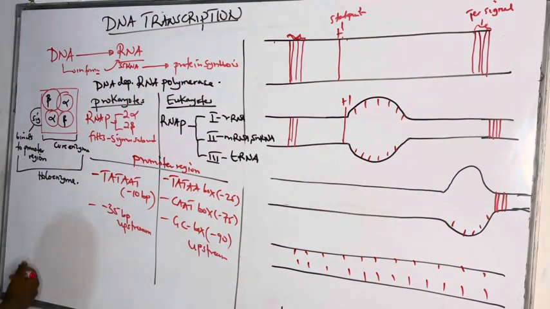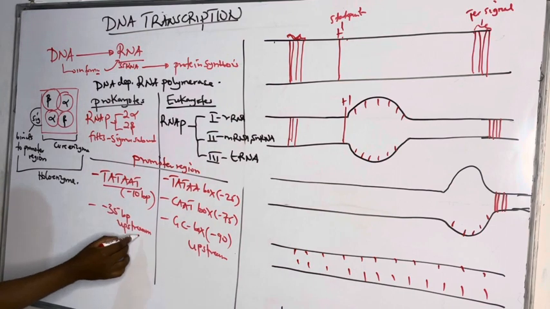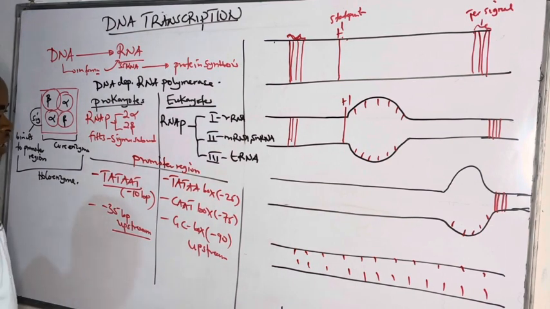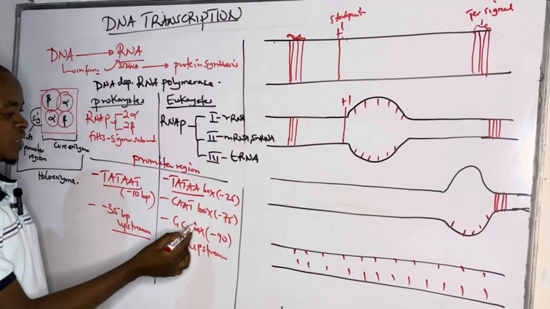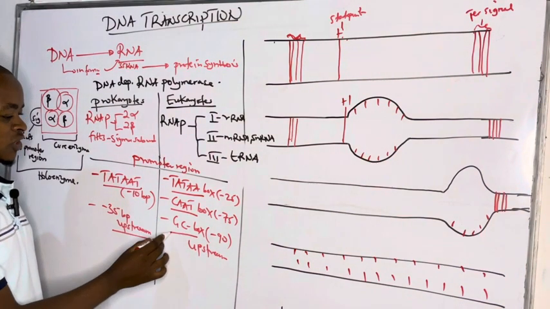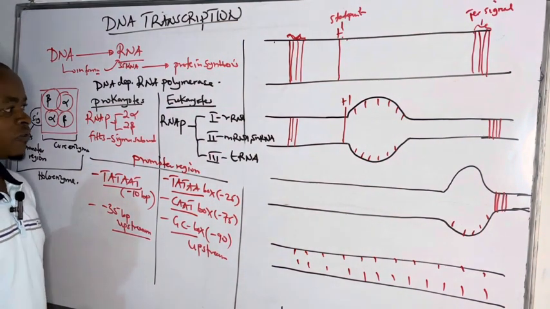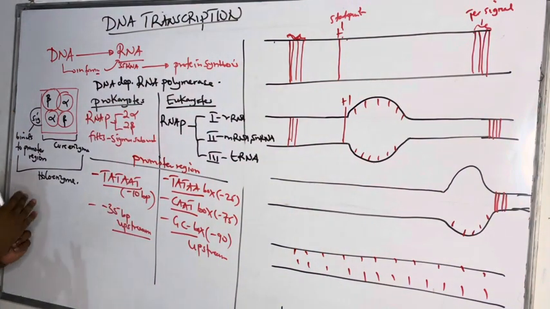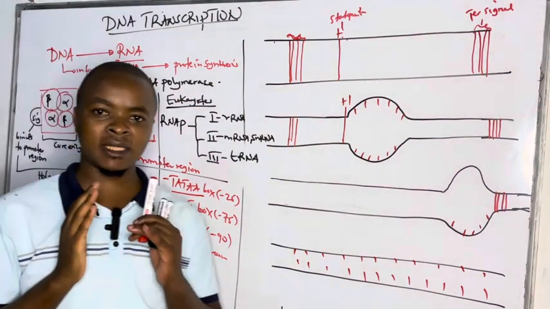So we have seen these are the promoter regions in both prokaryotes and eukaryotes, whereby we have the TATA box, the CAT box, and the GC box. After seeing these differences between prokaryotes and eukaryotes, the others are going to be the same.